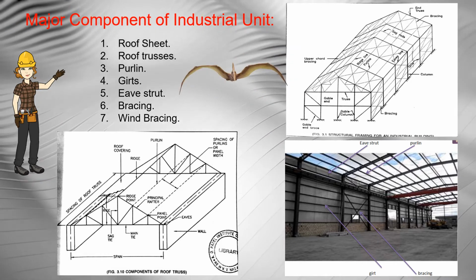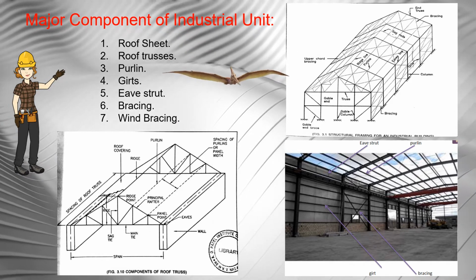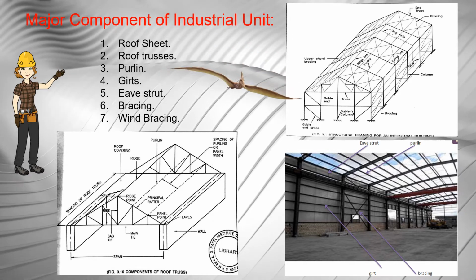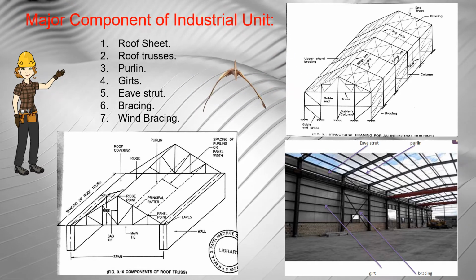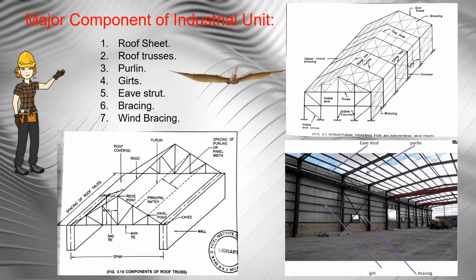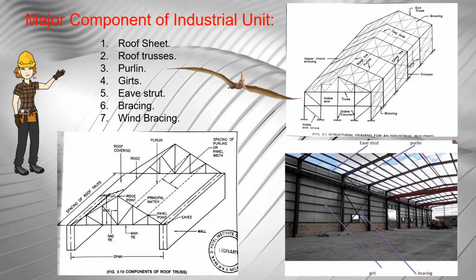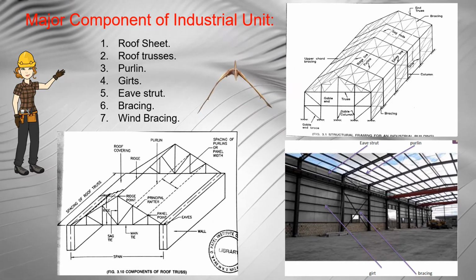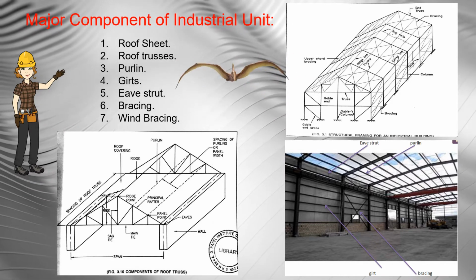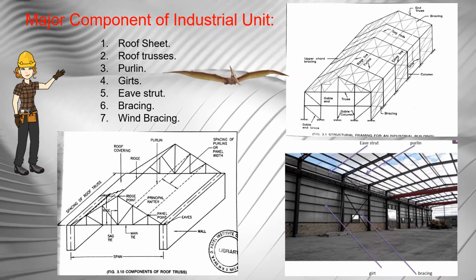Number 6, bracing. A member which transfers horizontal load from the frame to the foundation is known as bracing. And number 7, wind bracing. Two roof trusses are connected by cross members to stabilize them against the action of wind. Such members are called wind bracing.